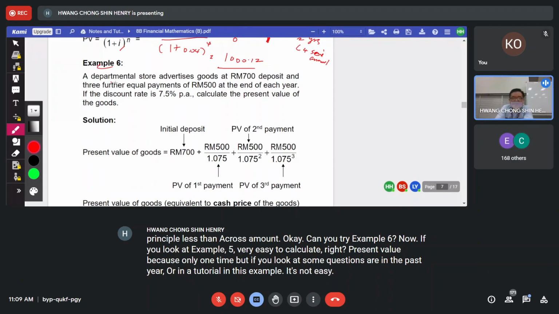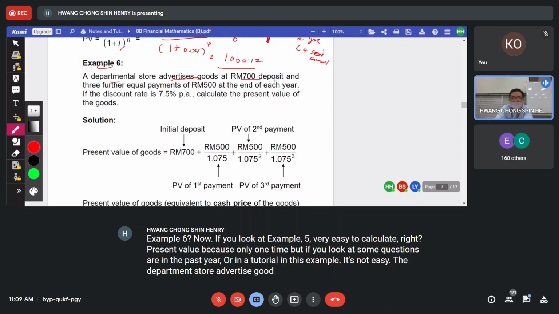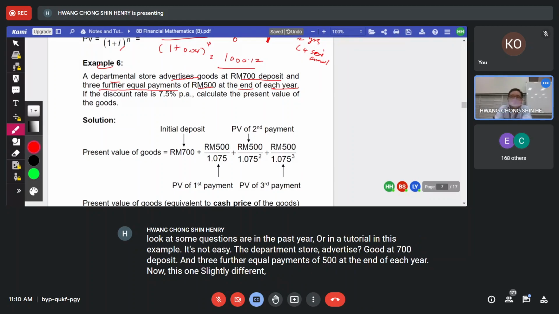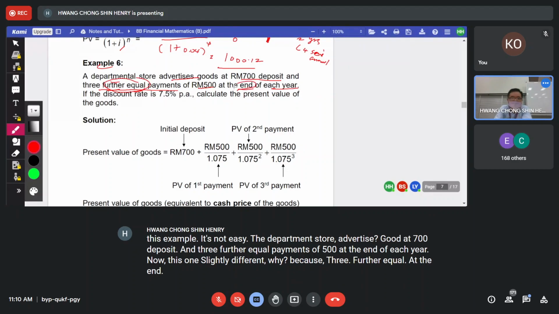A department store advertised goods at 700 deposit and 3 further equal payments of 500 at the end of each year. Now, this one is slightly different. Why? Because of 3 further equal payments at the end.